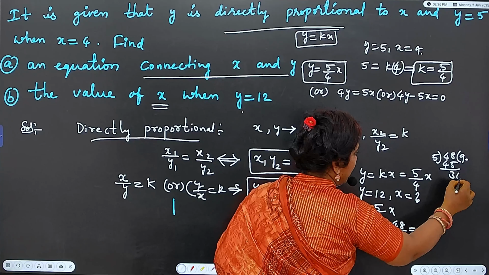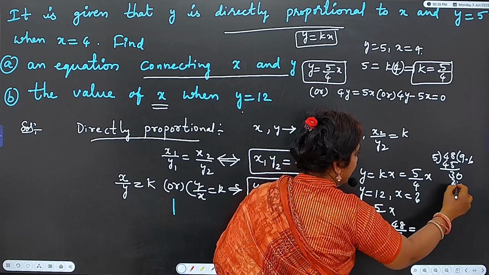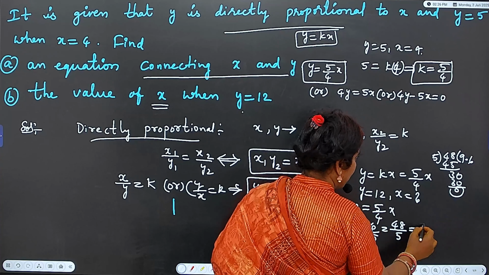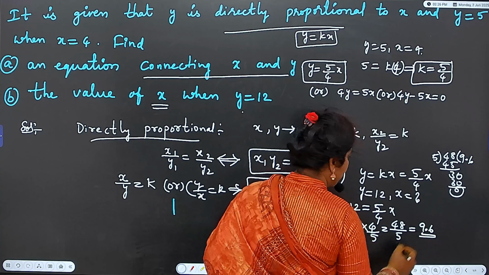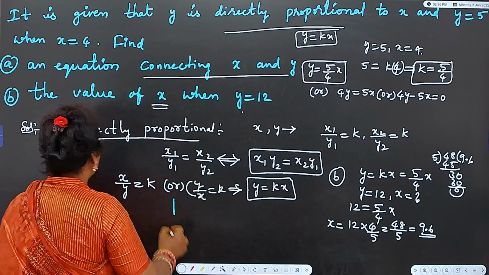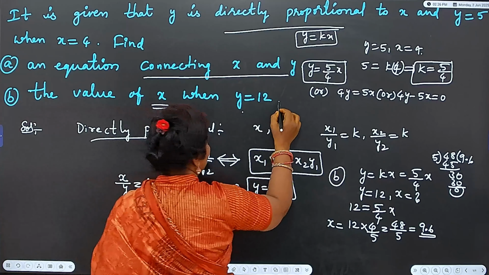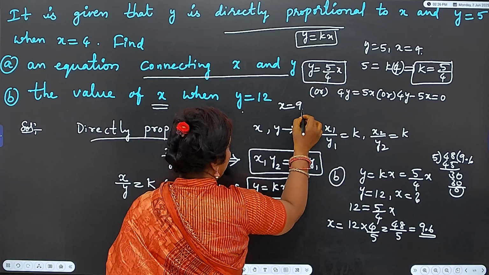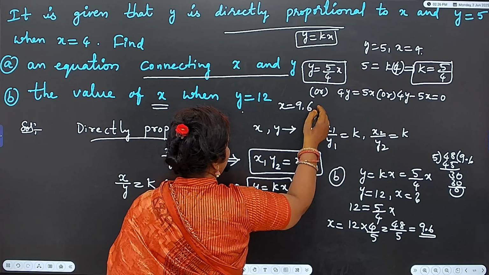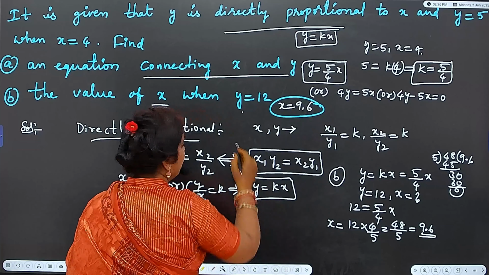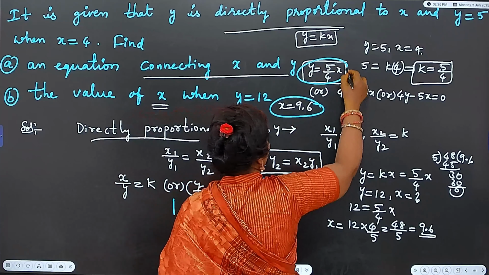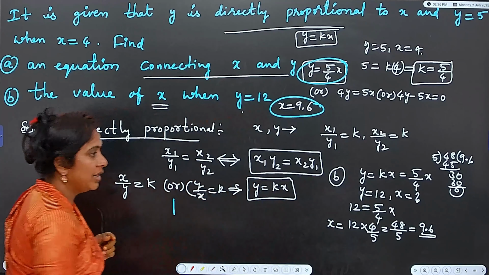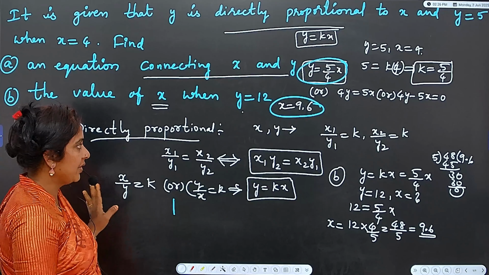Take the decimal point, keep the 0, 5 sixes are 30. So the x value is 9.6. Therefore, for the second question the answer is x equals 9.6, and for the first one it is y equals 5 by 4 into x. This is the way.